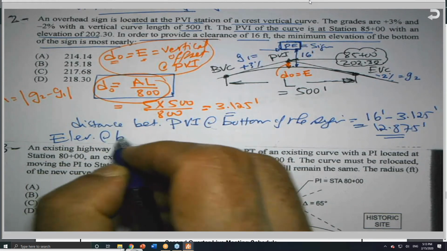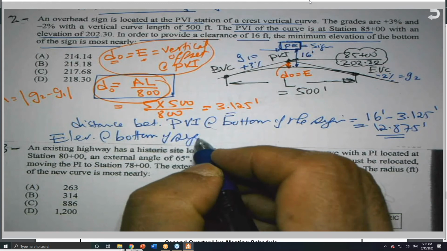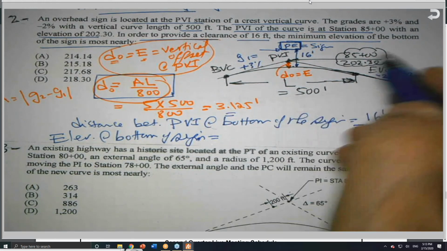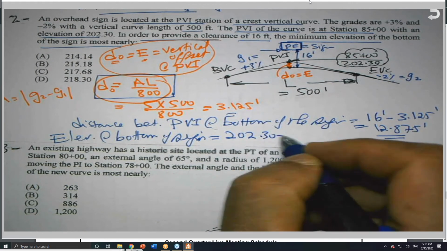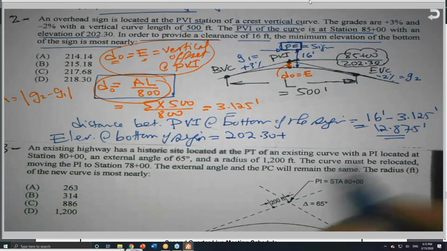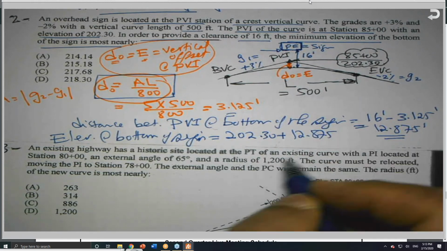Since I know that, and I know the elevation of the PVI, the elevation at the bottom of the sign is equal to the elevation 202.30 that's given to me plus the 12.875.